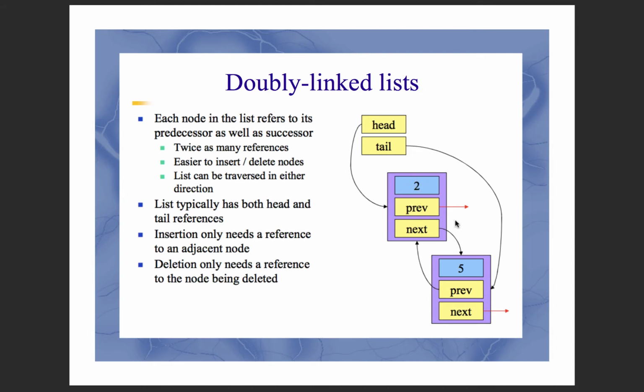So you can traverse in both ways in the double linked list, and it keeps two different pieces of information, head and tail. Because a double linked list keeps one more extra piece of information for previous, you need more space.